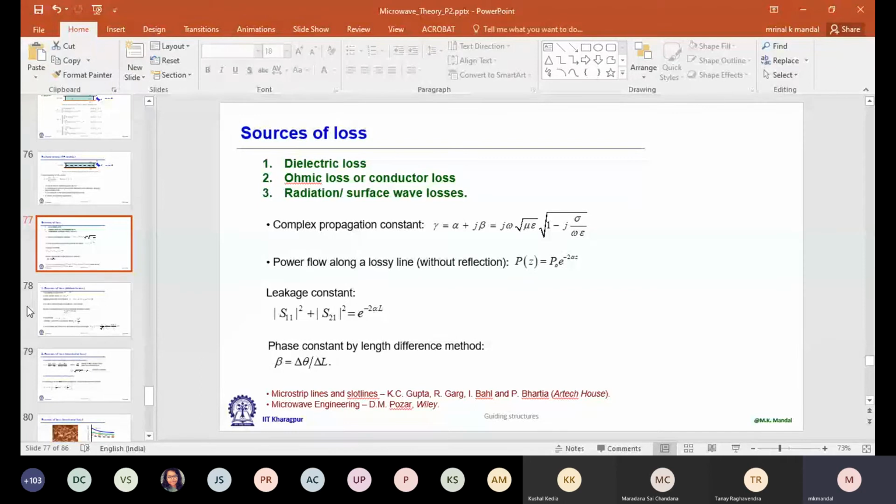Also, magnitude of S11 squared plus magnitude of S21 squared is equal to 1 for a lossless scenario. But when we have a lossy medium, that is equal to e to the power minus twice alpha L.